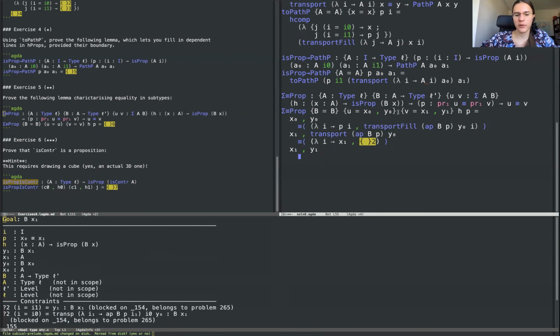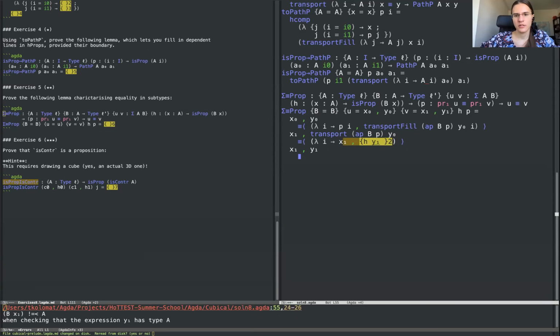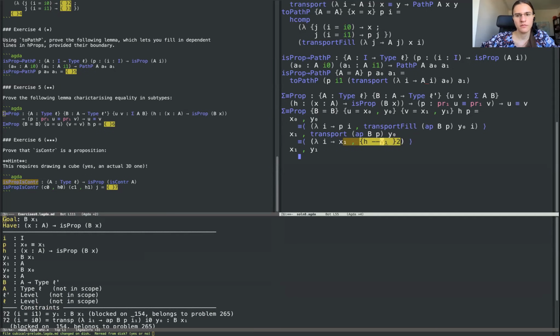So what I'm going to do is I'm going to take H. I'm going to evaluate it at the point P of I1, which is X1. And then I'm going to give 2 points. One of them is going to be this. And the other point is going to be Y1. And that gives me that equality.